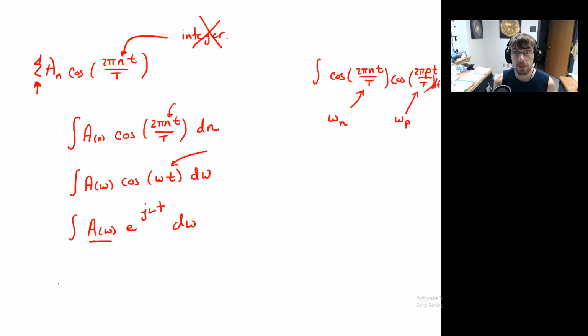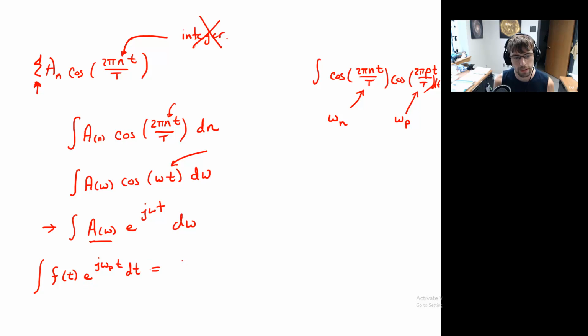So we'll have to do the same trick here. Okay. If I want to get a of omega by itself, what I would have to do is f of t, e to the j, I'll call this one omega p t, integrated, that's a dt.